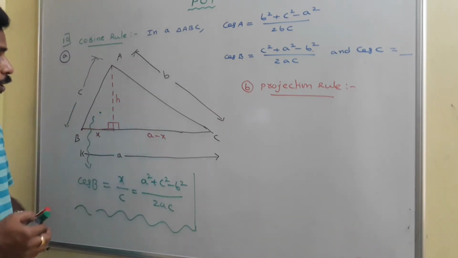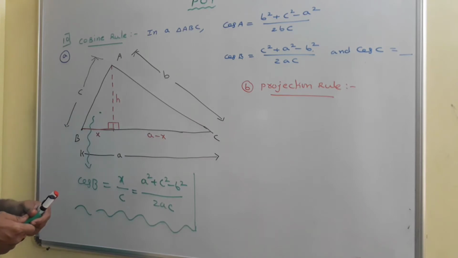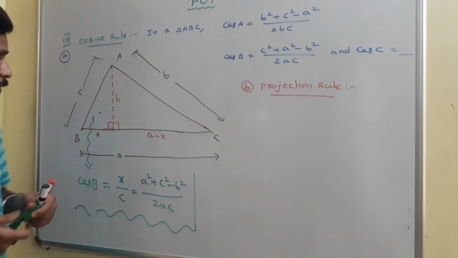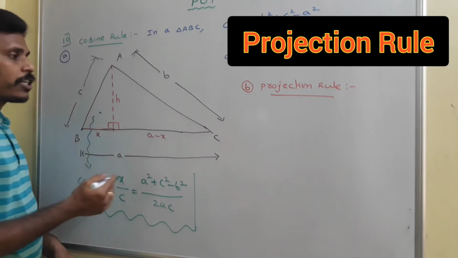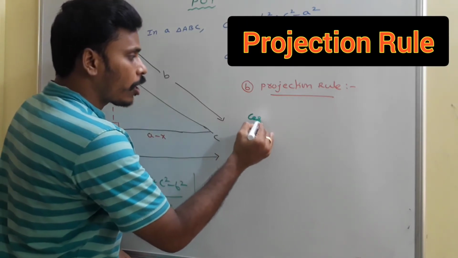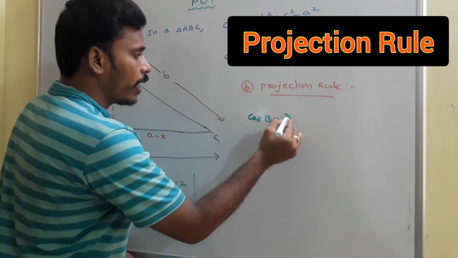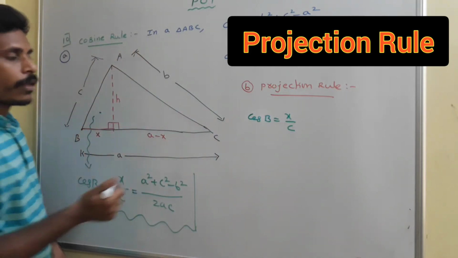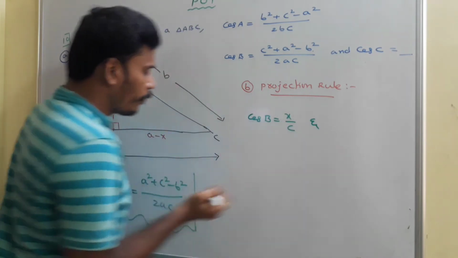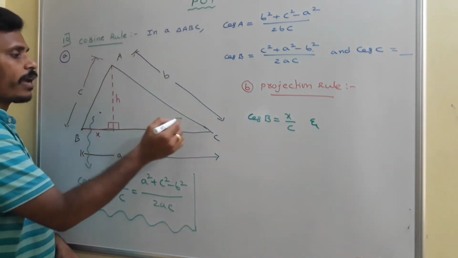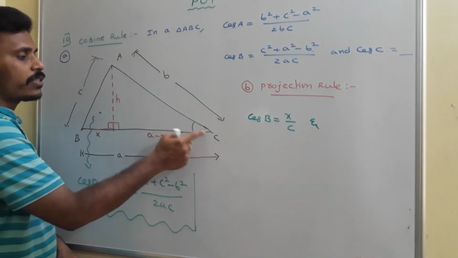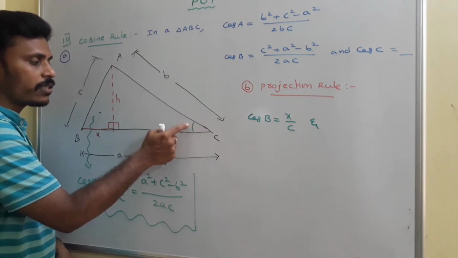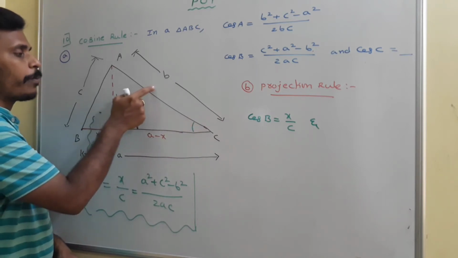Now here, from the first triangle, we have two right angle triangles, right? For this first triangle, cos B is equal to x by c. Is it right? Cos B is equal to x by c. And if you apply the same cosine for this triangle, where C is the angle, cos C is adjacent side by the hypotenuse.